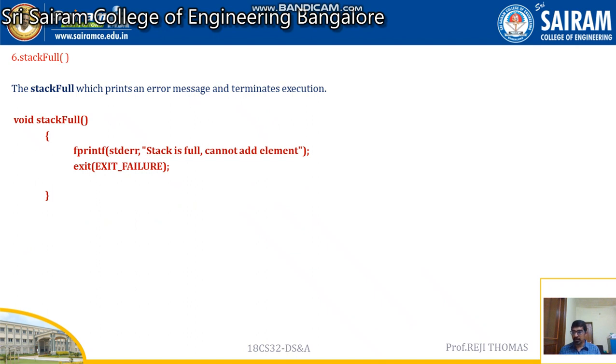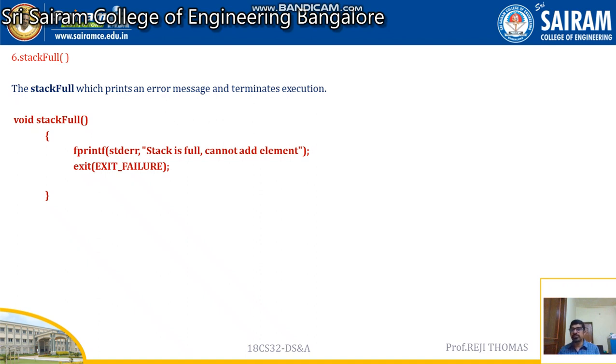Next is about the stack scenarios. There can be two kinds of scenarios. One is that your stack can be full. If your stack is full, please recall the push function, where we have written a function called stack full, and I told you stack full is the one which is going to take care of things the moment you find top is greater than or equal to max stack size minus 1.